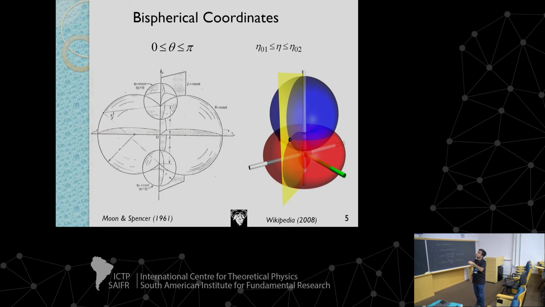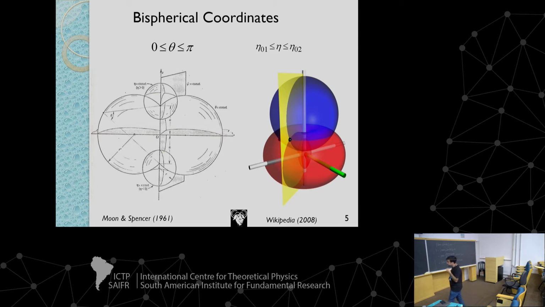So surfaces with constant theta are apple-shaped like this, if theta is between 0 and pi over 2. And if theta is greater than pi over 2, it's kind of spindle-shaped, as you can see here in the middle. Okay?